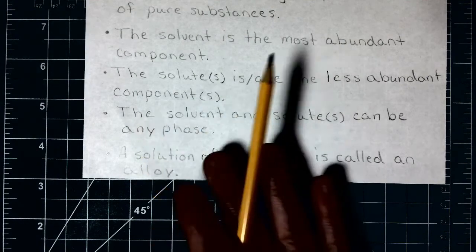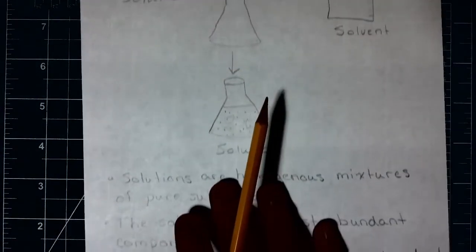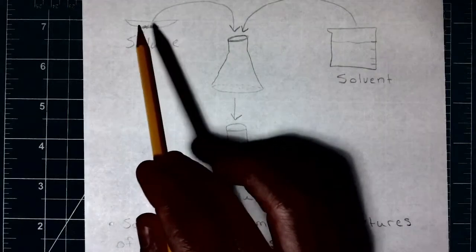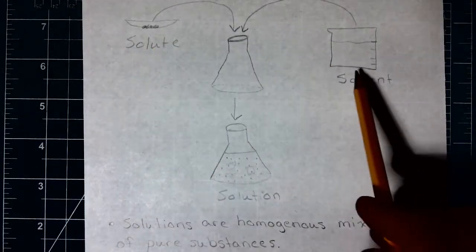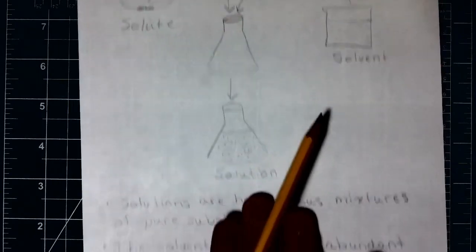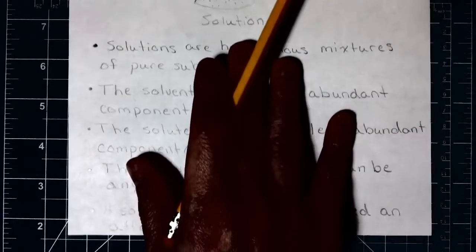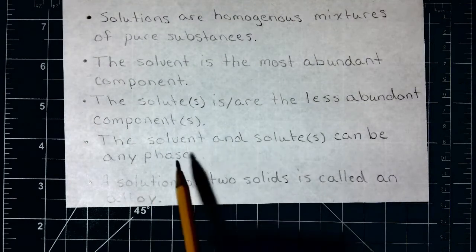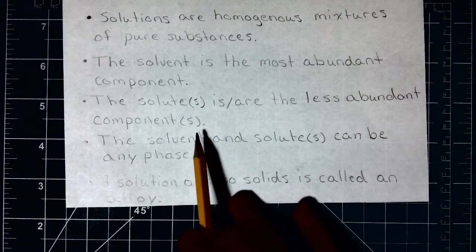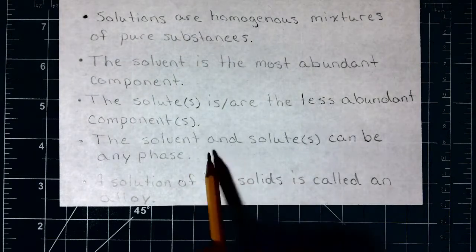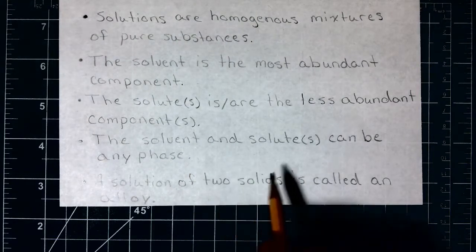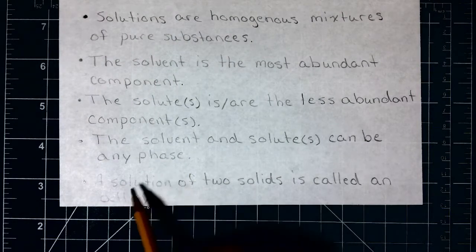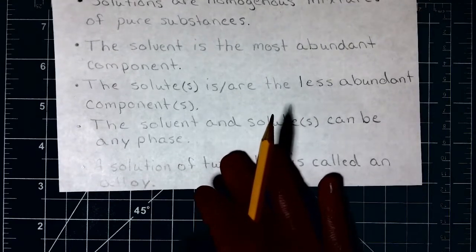Where I've shown you up here an example of a solid being dissolved in a liquid, it is not necessary for the solute or the solvent to be any particular phase. So you can talk about solutions of two gases. We can talk about solutions of gases and liquids. Any of those combinations that you could imagine are possible.